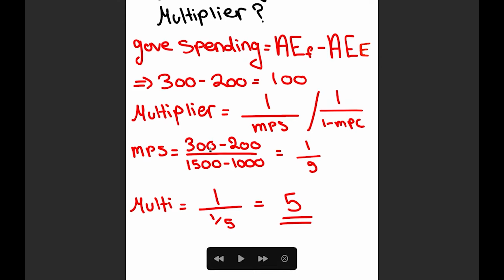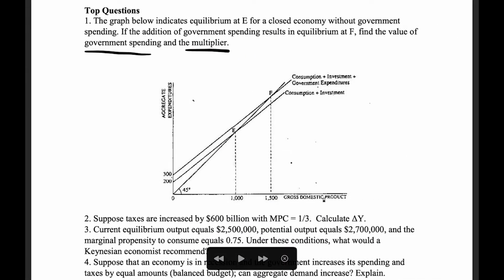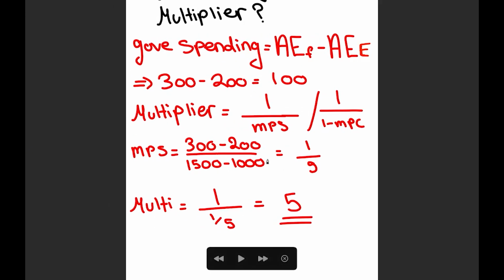We should do 300 minus 200, which is change in spending, over 1,500 minus 1,000, which is the gross domestic product. And we get 1 over 5. This is our MPS. 1 over 5 is also equal to 0.2.